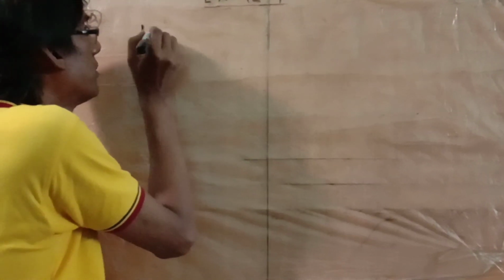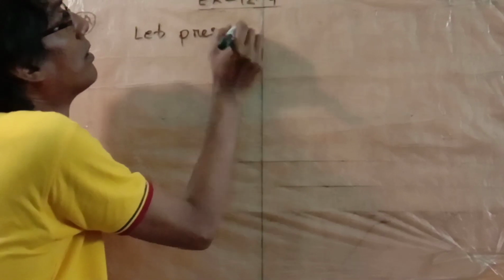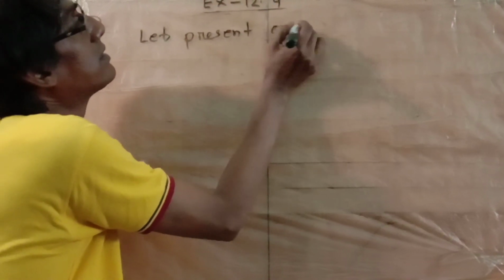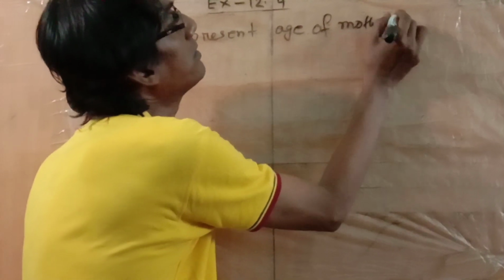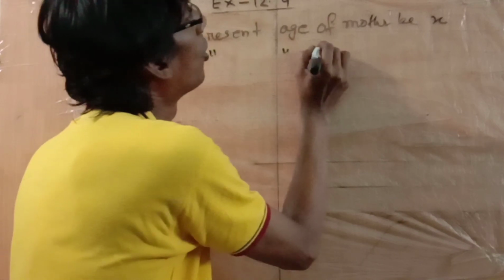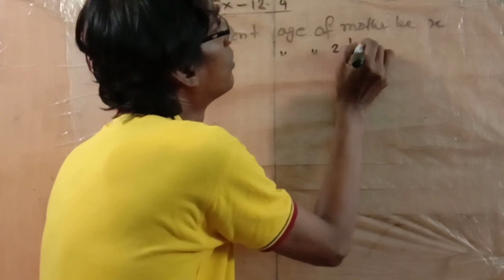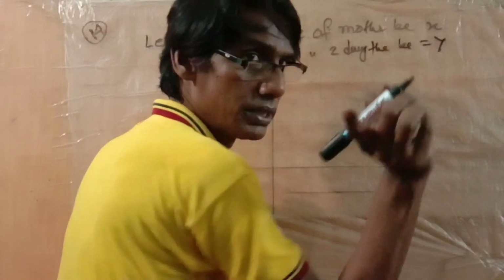Let the present age of the mother be x and the present age of the two daughters be y. Clear?